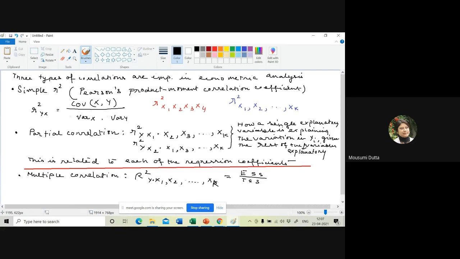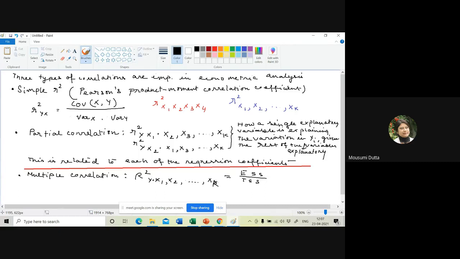And in the last class, we found that if I consider all explanatory variables and we try to assess their capability at a time, we will consider ESS, explained sum of squares. So the notion of multiple R square, that is the explanatory capacity of all explanatory variables together given the explained variable yi, should be given by the notion ESS by TSS.